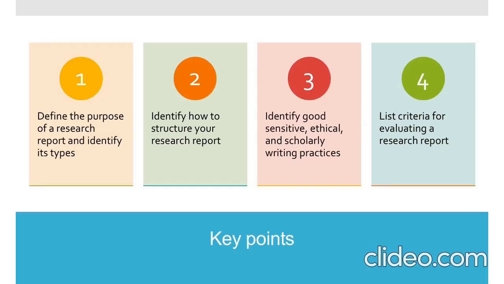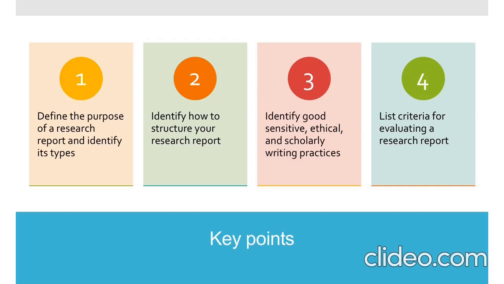The major ideas that are going to be covered in this presentation are 4 in total. So the first one is to define the purpose of a research report and identify its types. The second point is to identify how to structure and organize your research report.